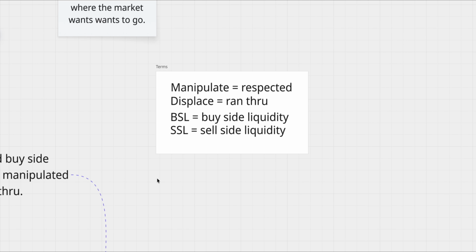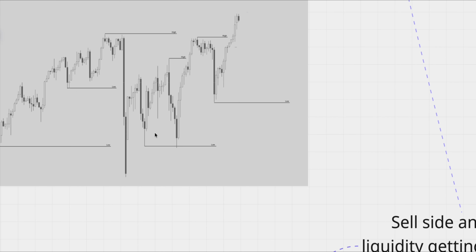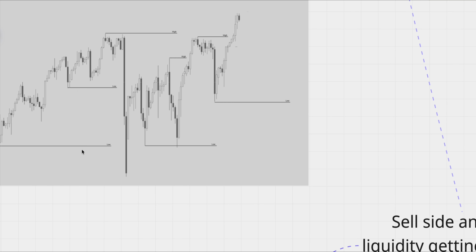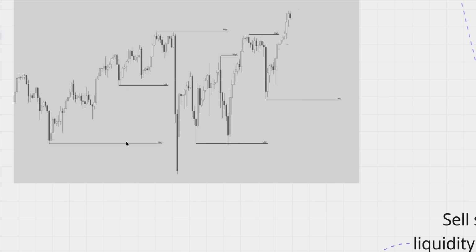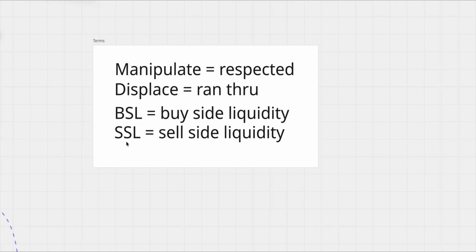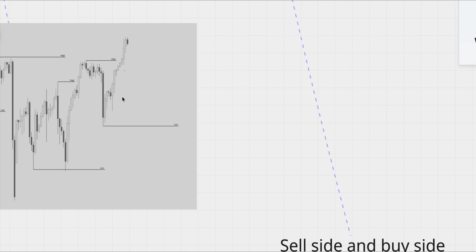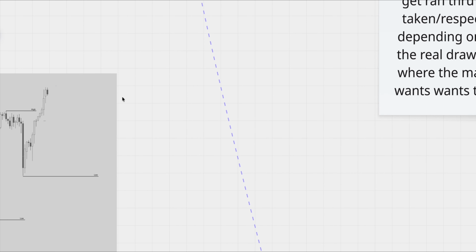I'm gonna change the terms here because I want to start talking about manipulation. So manipulation is respected, or taken. So this was manipulated because we went lower, and this was manipulated because we started going higher. And then displaced means ran through.